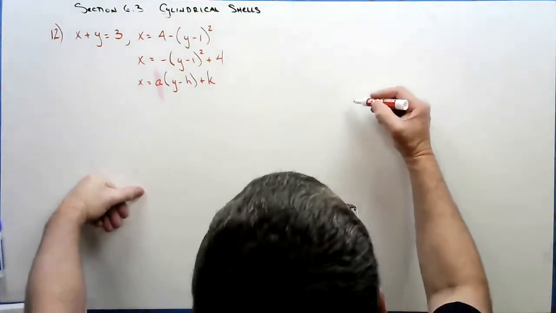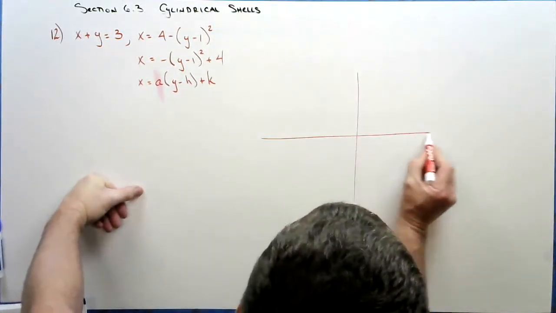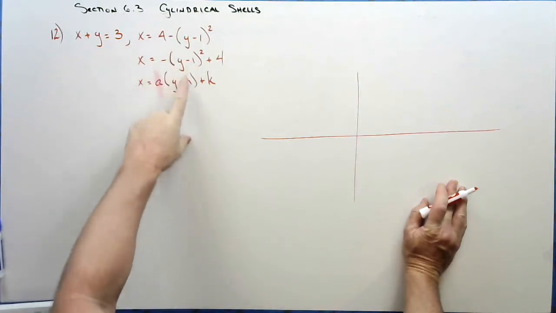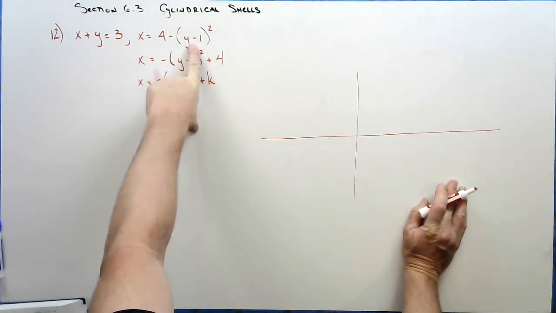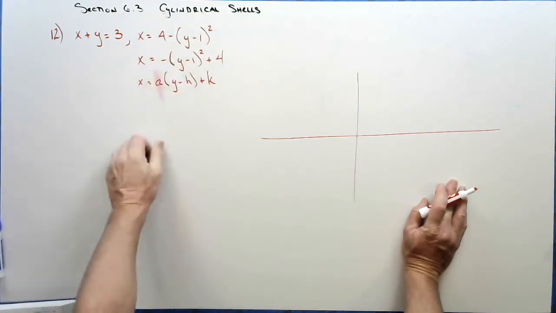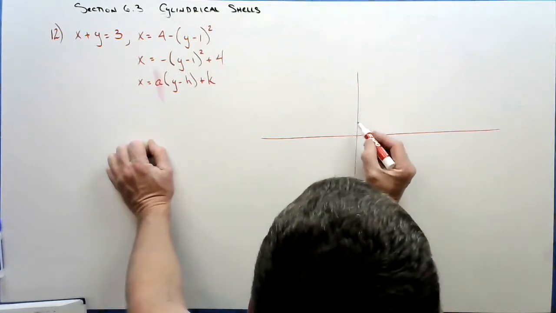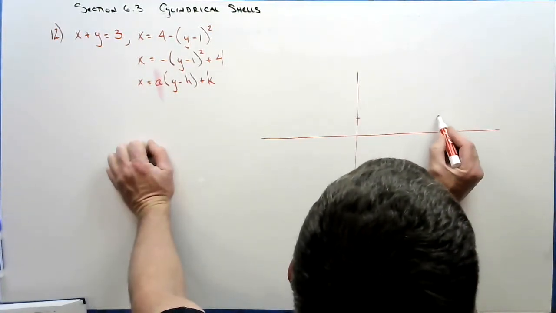This is going to be our friend, a sideways opening parabola, right? So if we draw this, what is it going to give us? Well, if we put in y is 1, then we're going to get 1 minus 1 squared, that's 0 squared. We're going to get x equals 4. So when y is 1, x is 4.